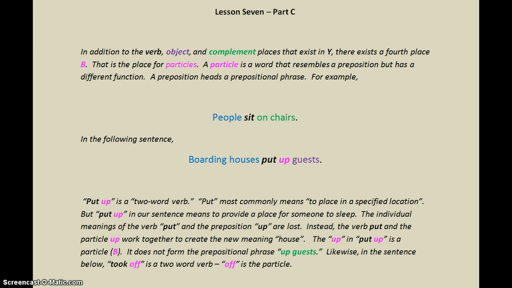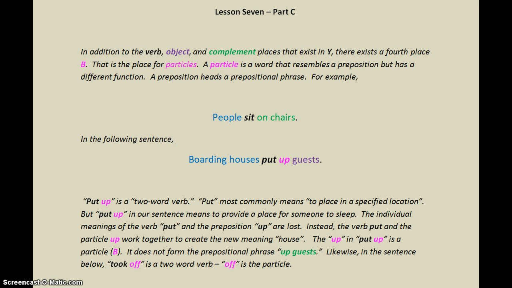We can see that we lost the meanings of put and the preposition up, and instead we now have something different by combining put with the particle up to create really a new word that means to house. So the up in put up is a particle. It doesn't form a prepositional phrase.